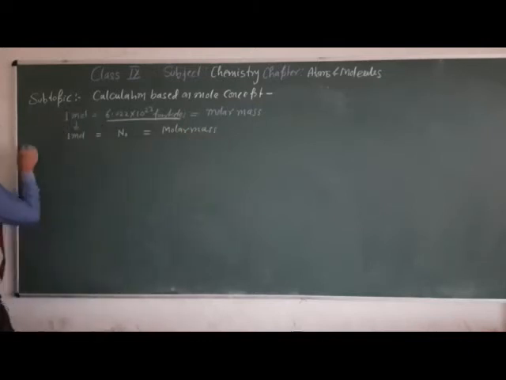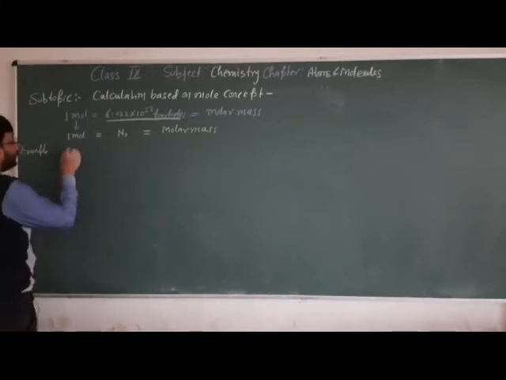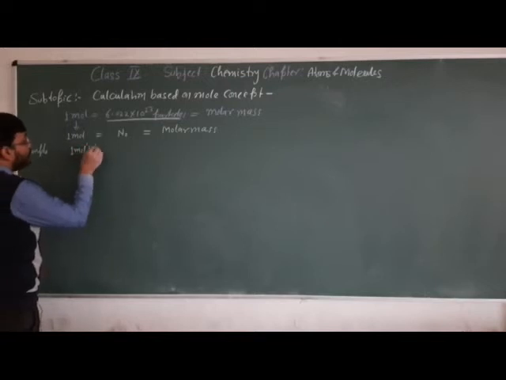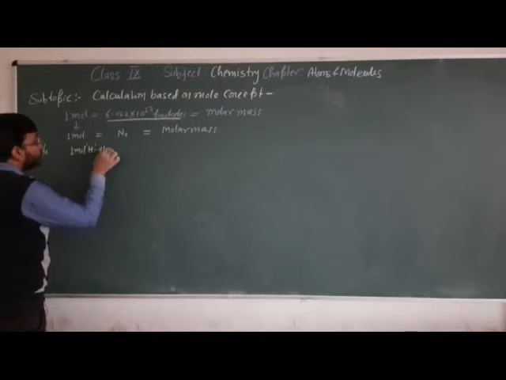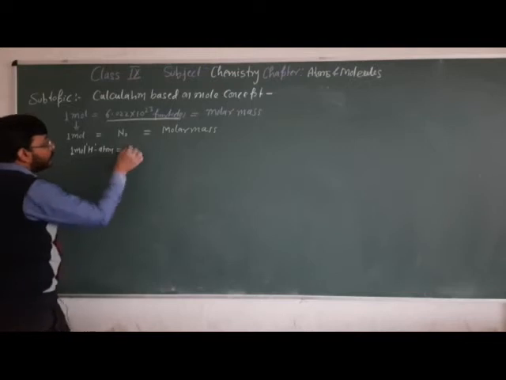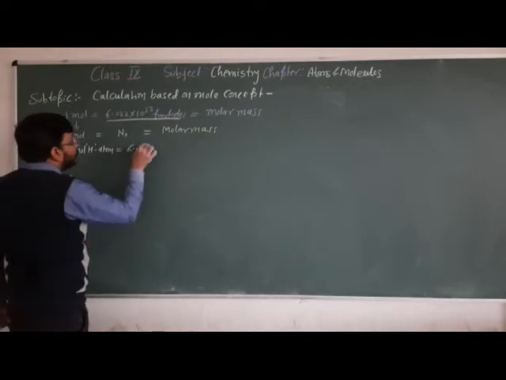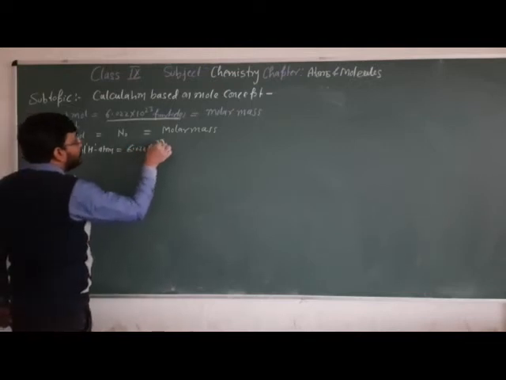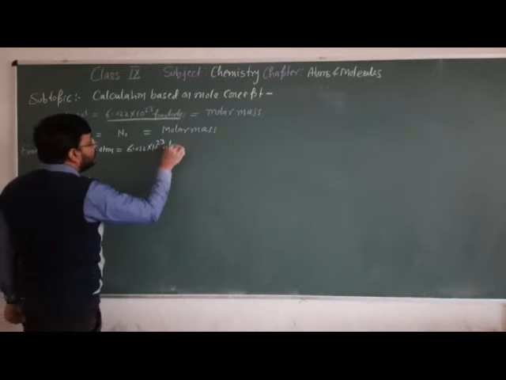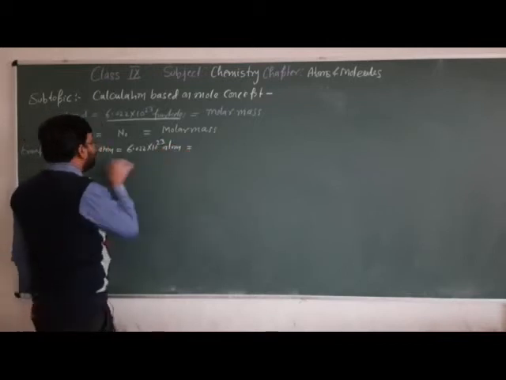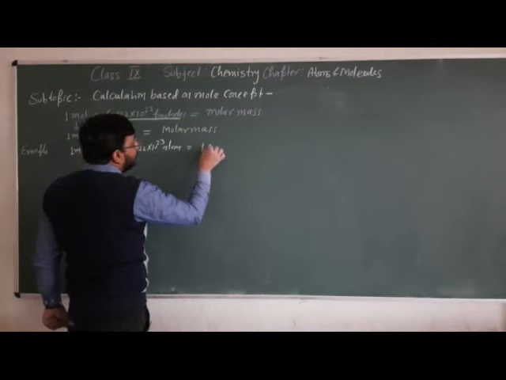For example, 1 mole of hydrogen atom is equal to 6.022 into 10 to the power 23 atoms of hydrogen, and the mass is 1 gram.